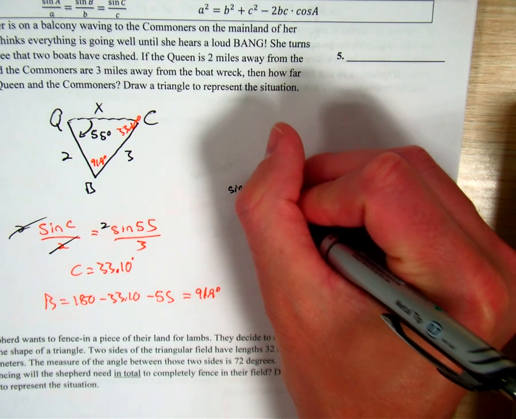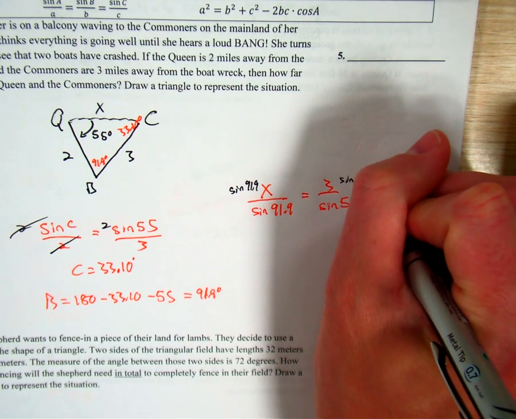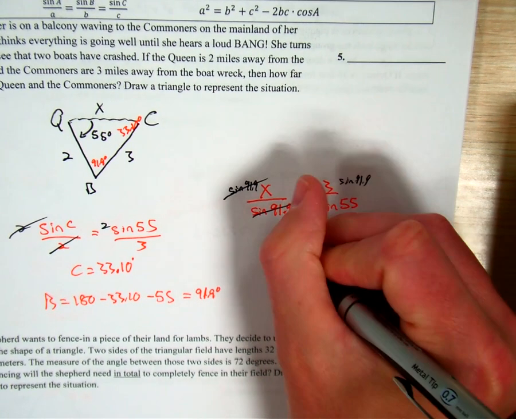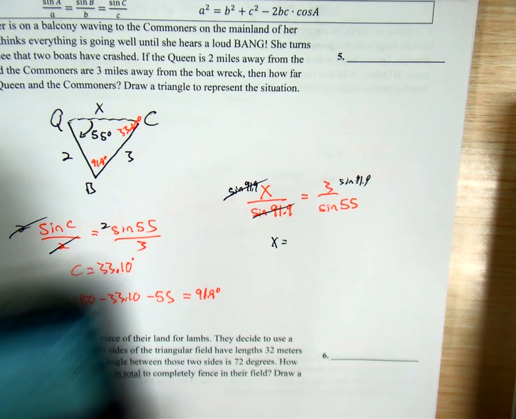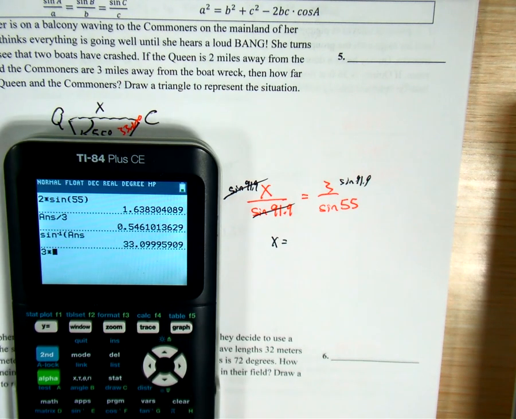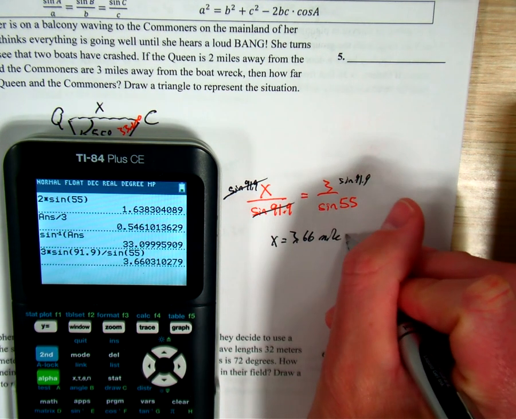We're going to multiply by sine. Three times sine 91.9, close your parentheses, divided by sine of 55, close your parentheses, 3.66 miles.